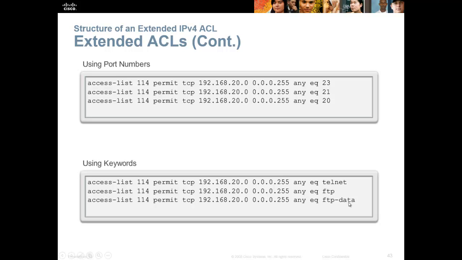Remember, FTP actually uses two ports, 21 and 20. 21 is the control channel, 20 is the data that gets passed. So if I block 21, it'll never establish a connection, and then data will never happen. So we typically call FTP port 21, even though it uses 20 and 21. Just make sure you remember we can use keywords or port numbers when we're doing extended ACLs.